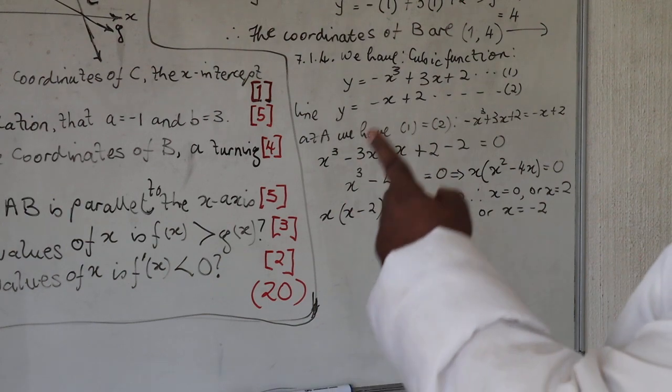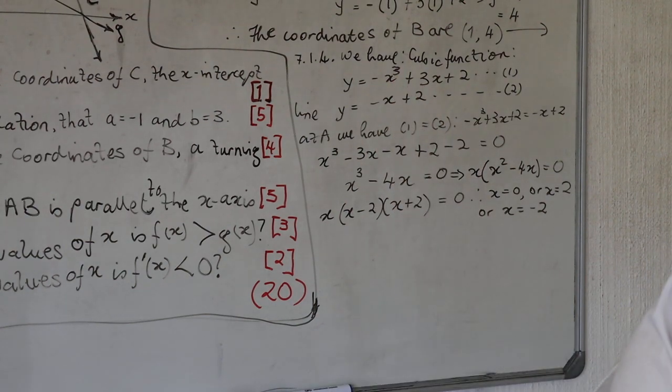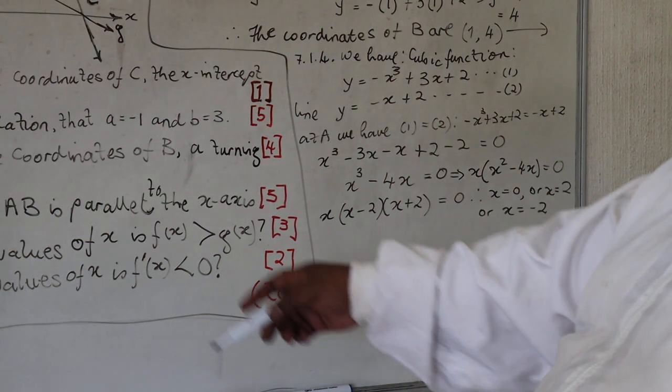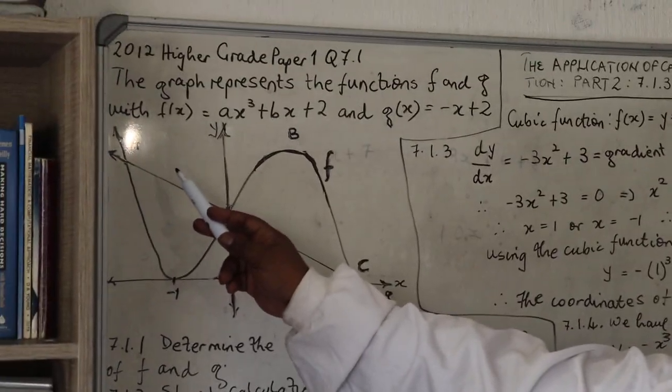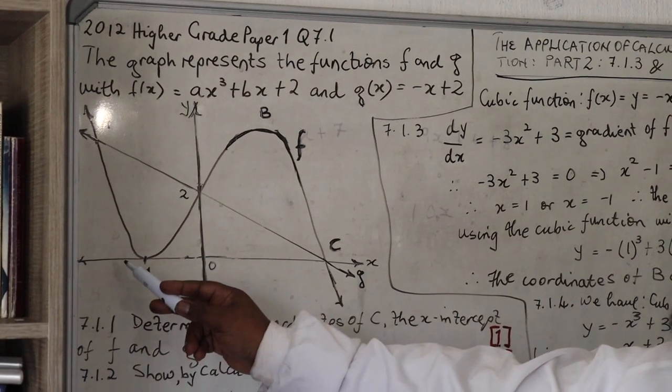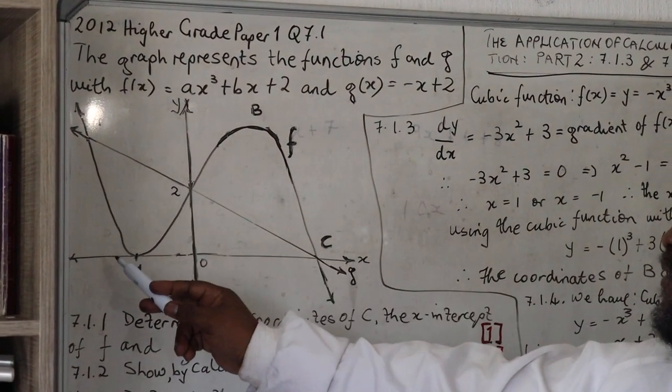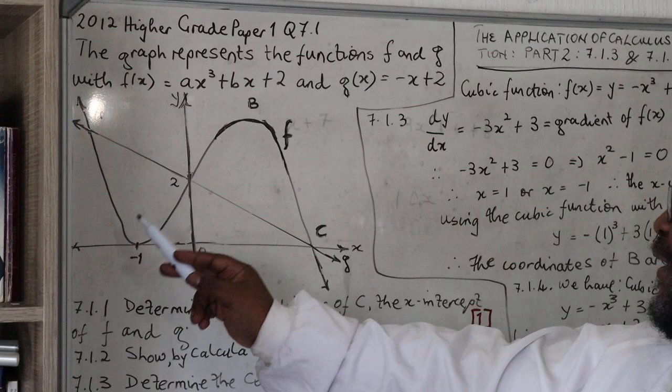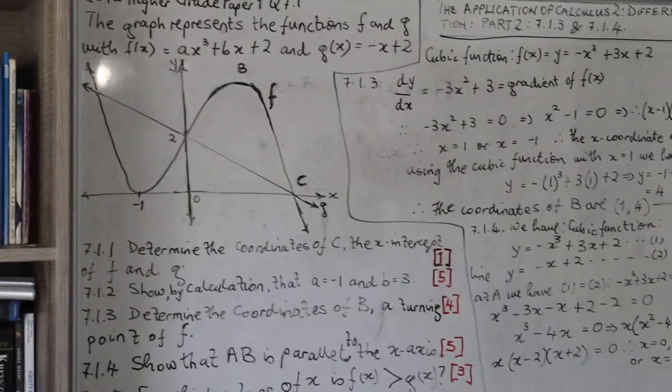If we look at the point A, where it is located here on the graph, we can see that x cannot be 0 there, and x cannot be 2 there, so therefore x is minus 2.